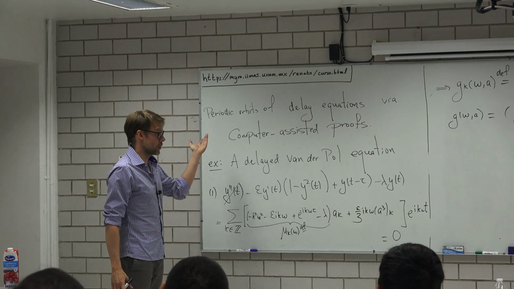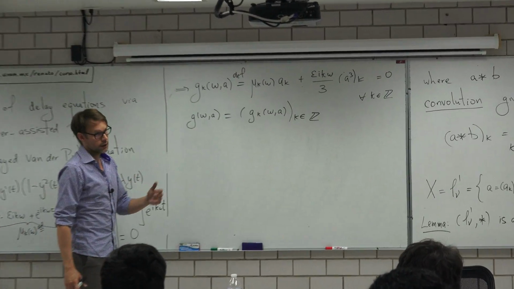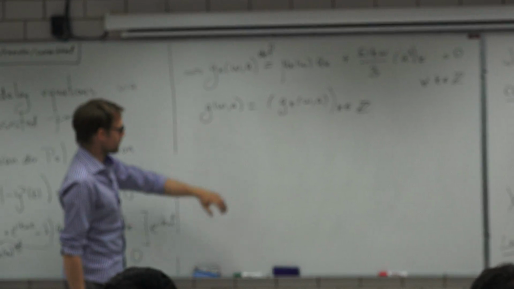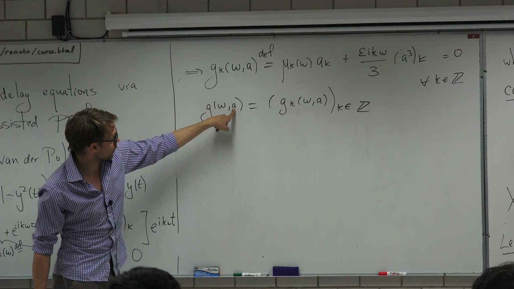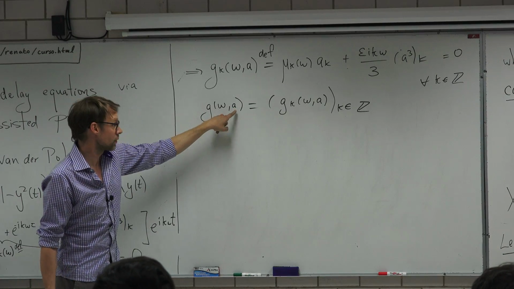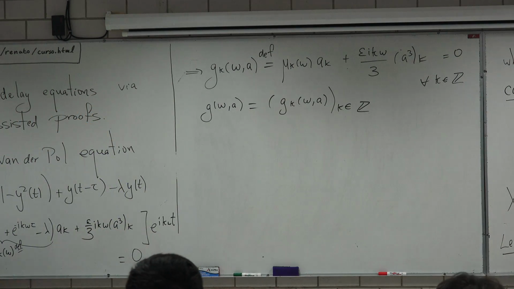In that case, there's just no way to do that. So I really have to think of omega, or the period equivalently, as a variable. So I will solve for this. A is an infinite sequence of Fourier coefficients of the a priori unknown function, and G is my function that I want to find a zero of.